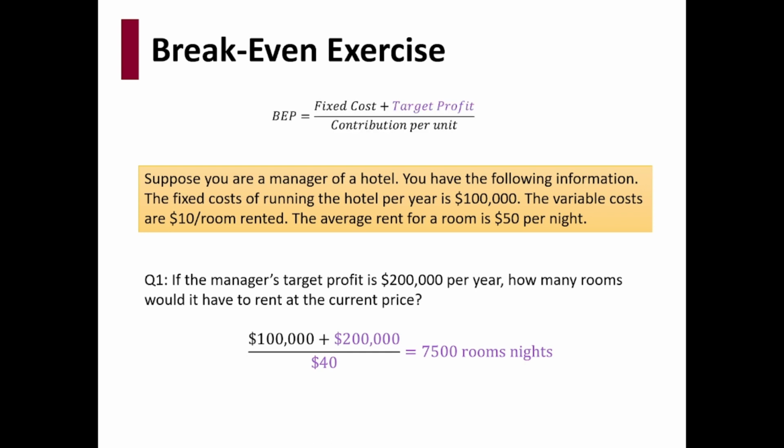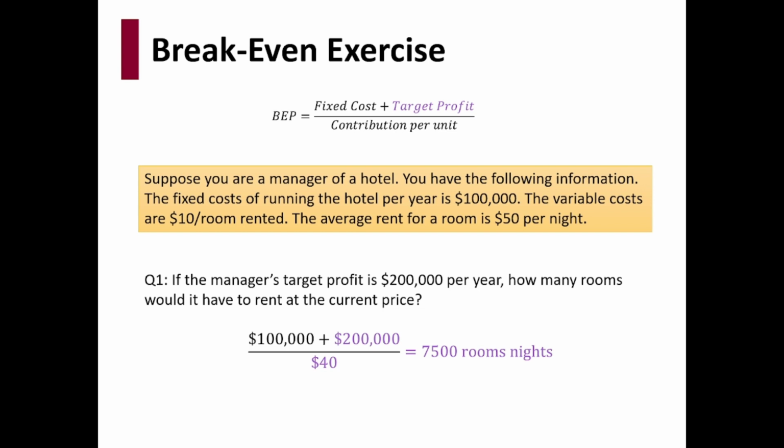So using the formula at the top, we find the new break-even point is 7,500 rooms. And how to do that? We first add the target profit, which is 200,000 per year, to the fixed cost, and then divide it by the contribution per unit.